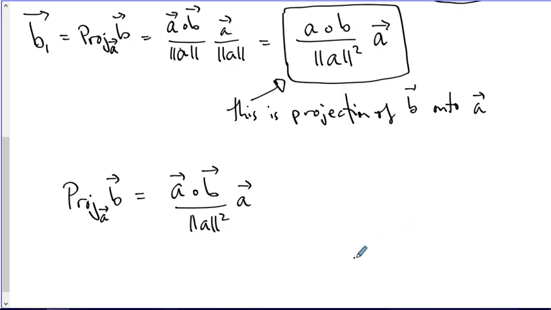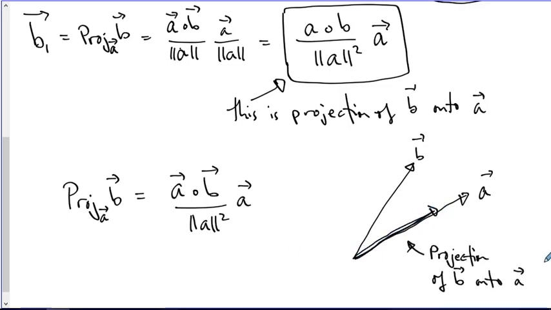So let me just show again the picture. I have onto the vector A some other vector B, and what we just found is really the shadow of B on A. Sometimes questions will require us to find the normal to A, this guy.